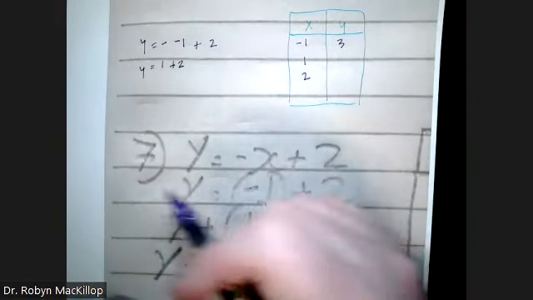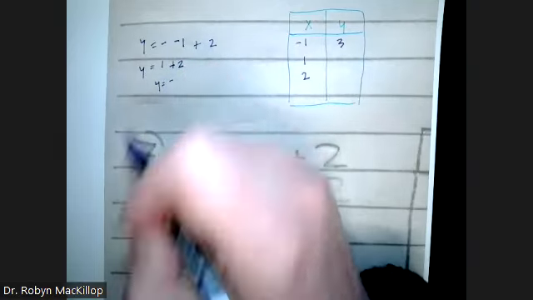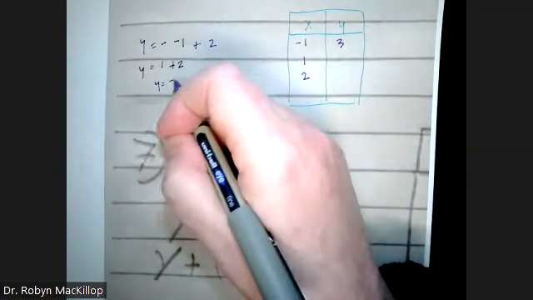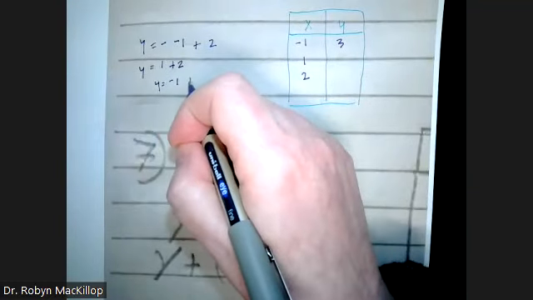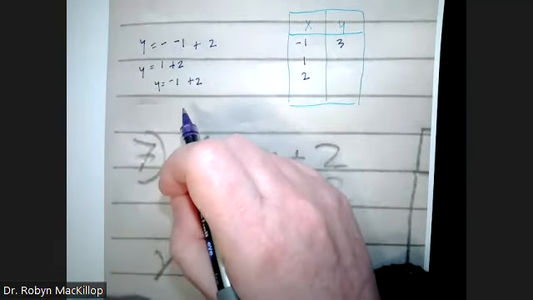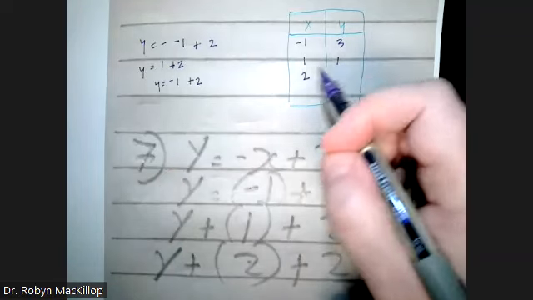Then for the next one, y equals negative, because that's part of the equation. Then we're going to put the +1 in for x plus 2, and then we're going to calculate that. -1 plus 2 is +1.